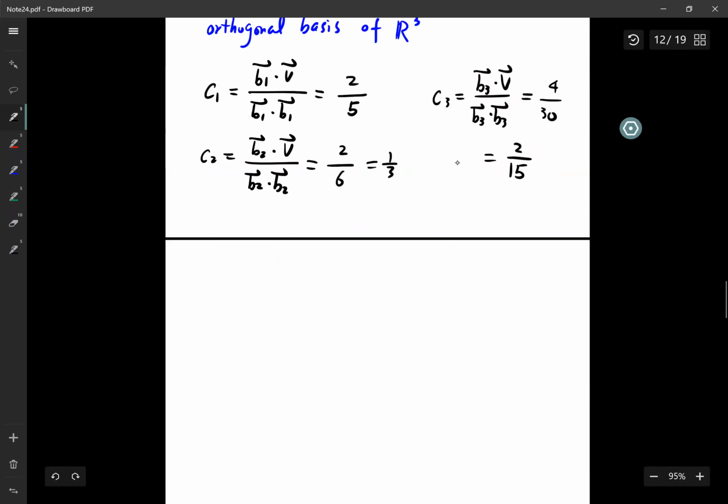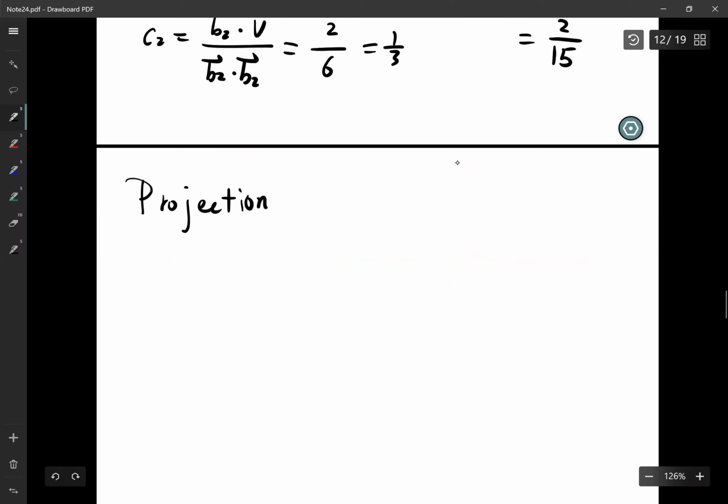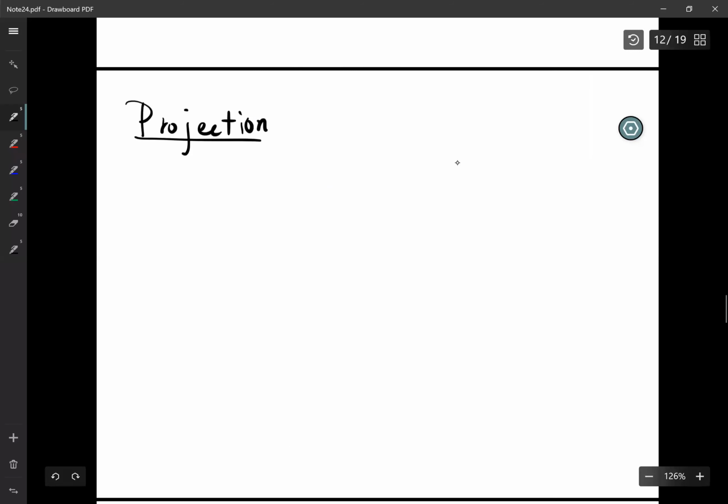Okay, now let's talk about a concept that is very much related to the orthogonal basis set, and it is called projection. So what is a projection? We have all seen it in daily life.